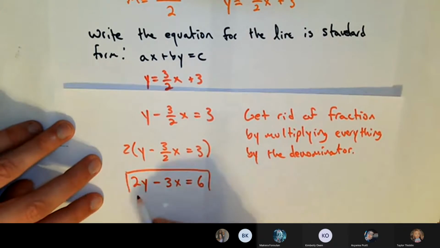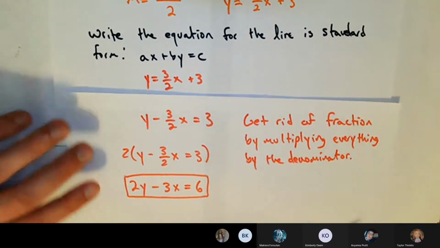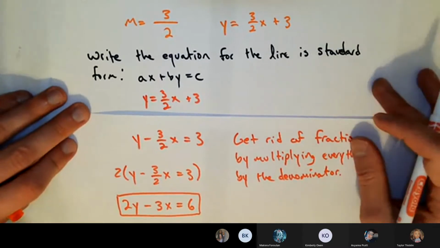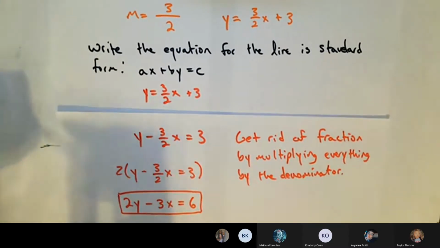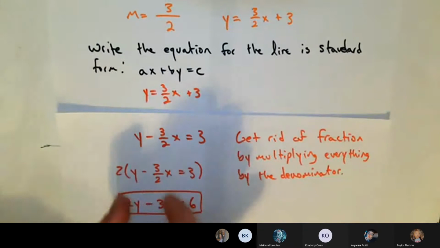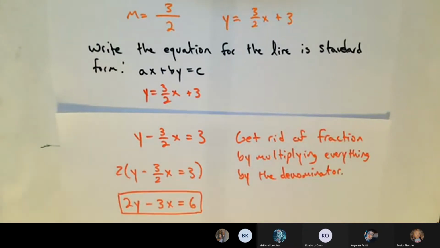This is the proper standard form of the original line, y equals 3 halves x plus 3. This is just a notation thing, getting from one form to the other. It's just manipulating the equation. Get the x's and y's together over here and then get rid of any denominators, so we get a nice clean standard form with no fractions.